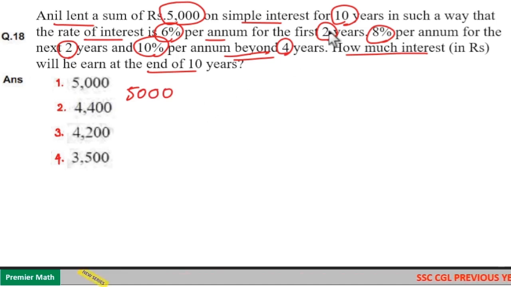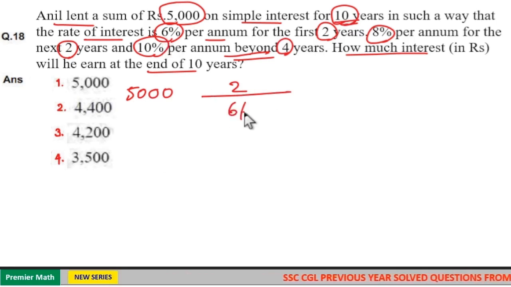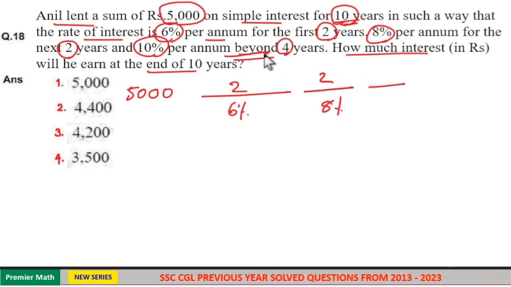Total years is 10 years. For the first 2 years he lent it at 6% per annum, for the next 2 years at 8% per annum, and beyond 4 years, that is after 4 years, at 10% per annum. That is beyond 4 years means 10 minus 4, so for the next 6 years he lent it at 10% per annum.